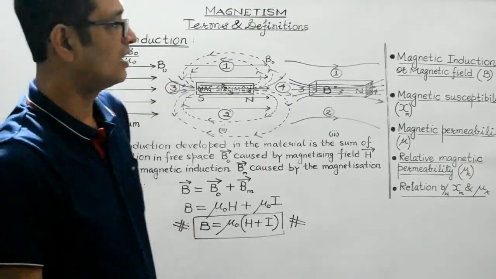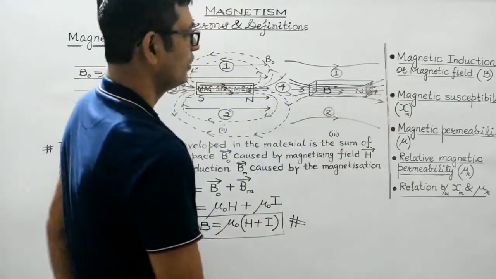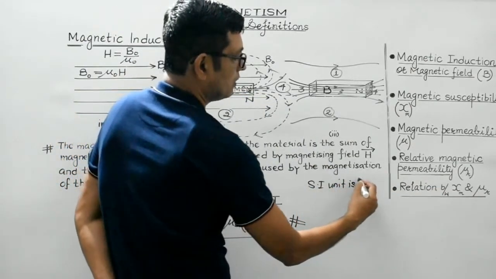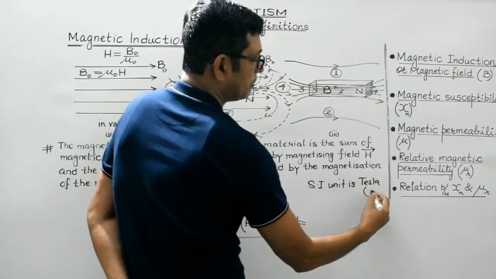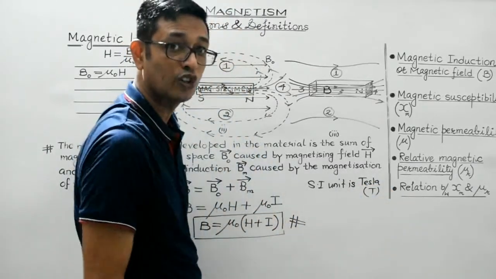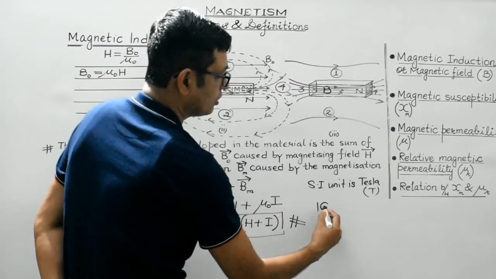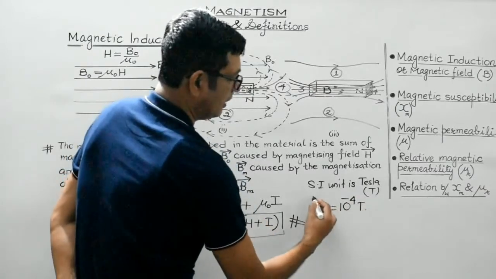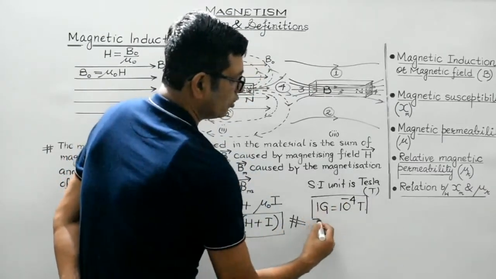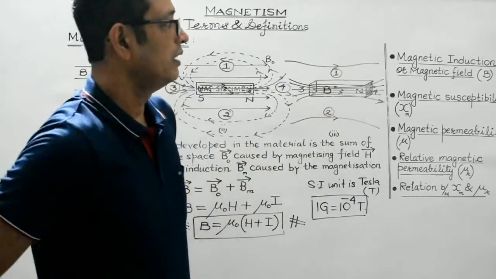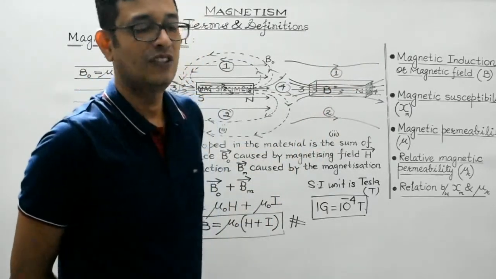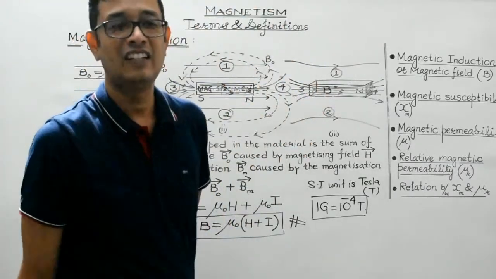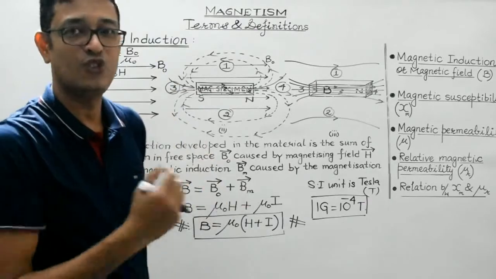And as you have discussed regarding the SI unit of magnetic induction, obviously its SI unit is Tesla, which is represented by capital T. Another unit is Gauss, and one Gauss is equal to 10 raised to the power minus 4 Tesla, right? So Gauss and Tesla are the units which we use to express magnetic induction. So this is the definition of magnetic induction developed inside the material. This is the magnetic induction in vacuum.